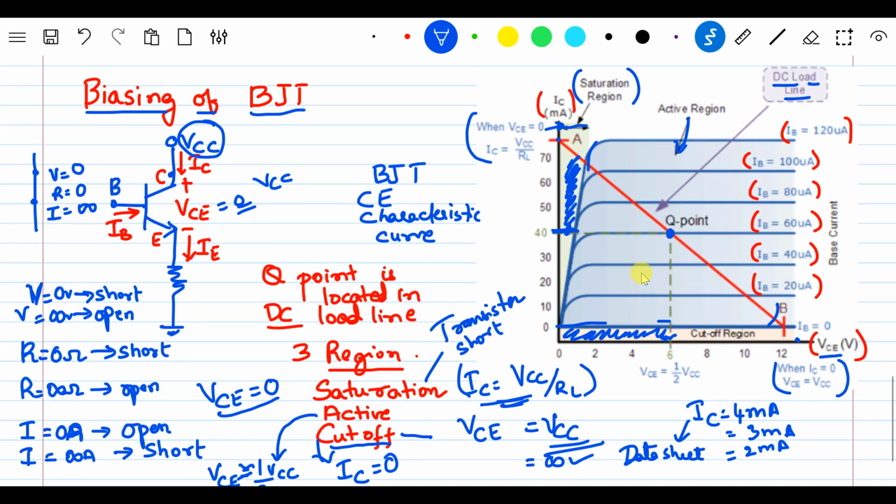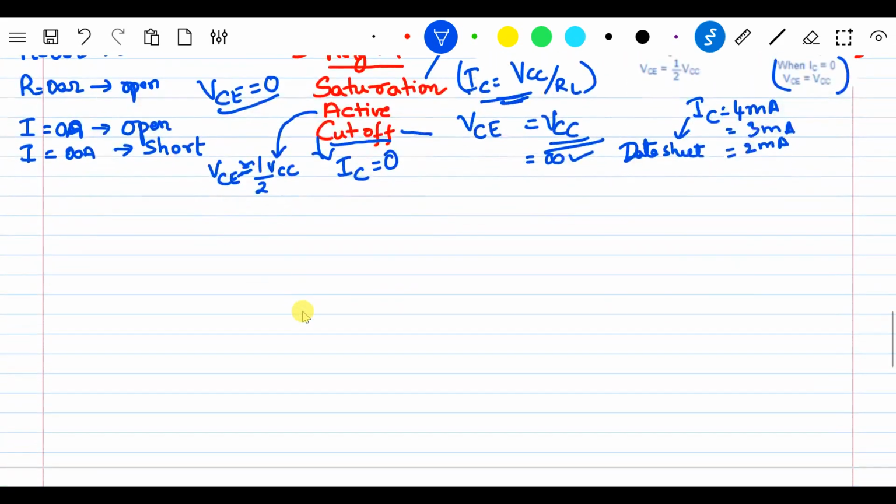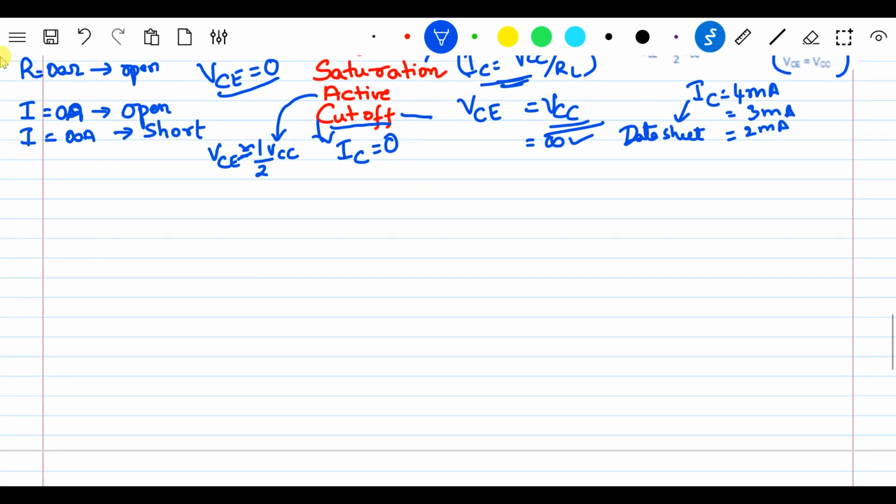That is the condition I want. I want to make sure that the BJT is operating at the Q point. This is the major reason why we do biasing. So biasing in BJT is done for this purpose.